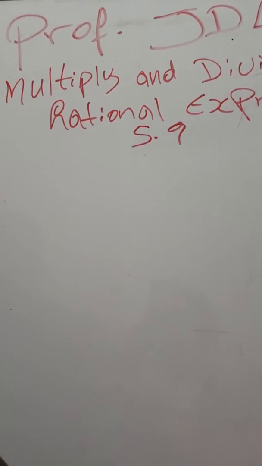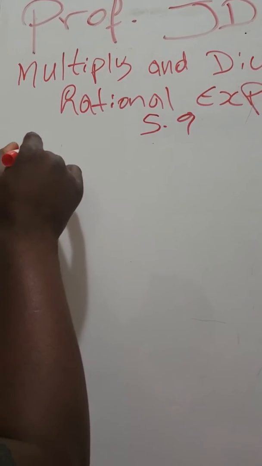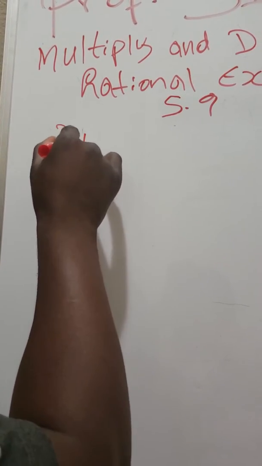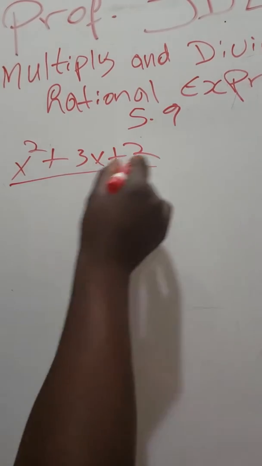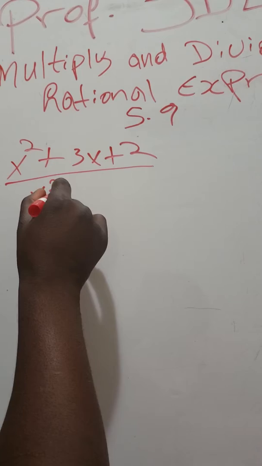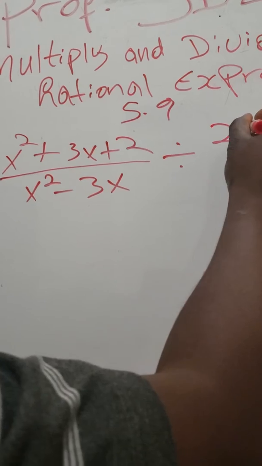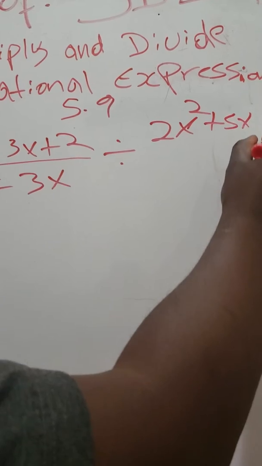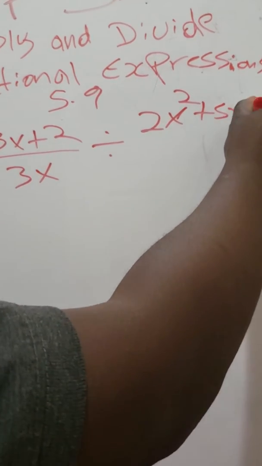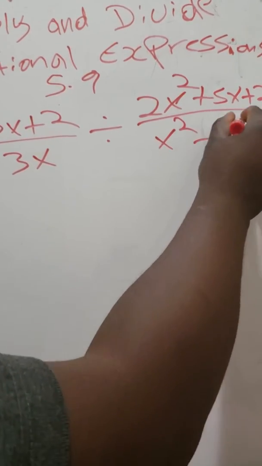Let's take a look at this as an example real quickly. We have x squared plus 3x plus 2 over x squared minus 3x being divided by 2x squared plus 5x plus 2 over x squared minus 9.